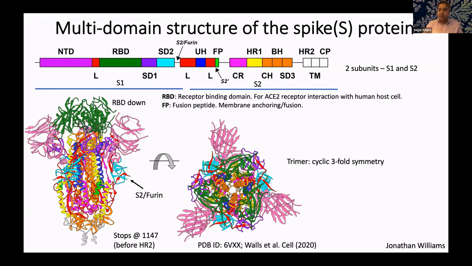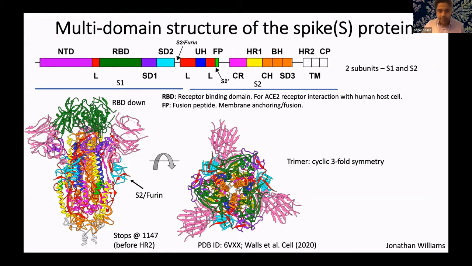And we'll think about that in a minute. Similarly, you have a second proteolytic site called the S2' site, which is where the TMPRSS2 protease is going to cleave. So these two proteolytic sites are very important for the life cycle of the virus and for the function of this spike protein.